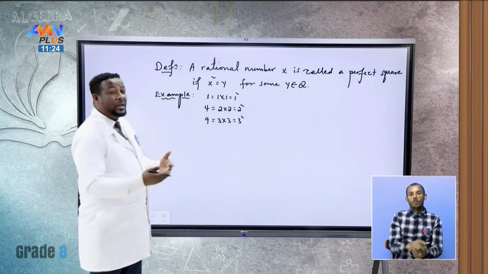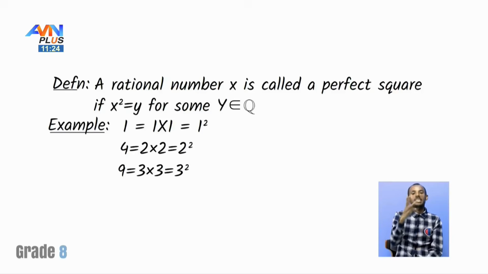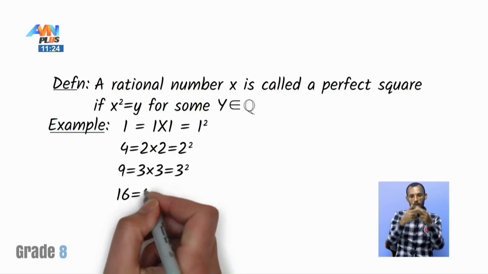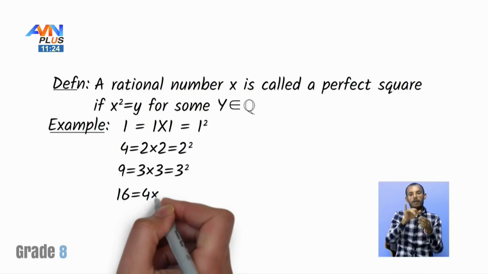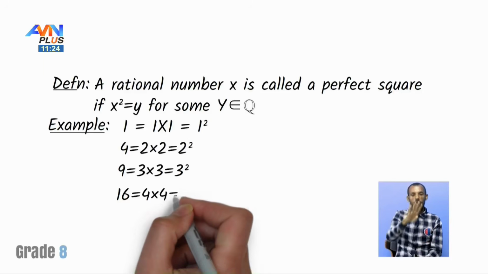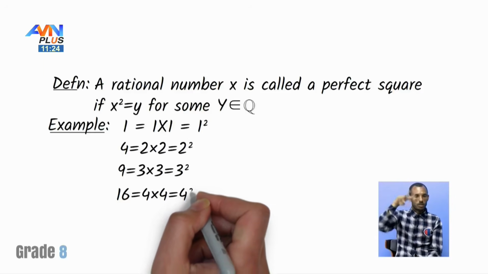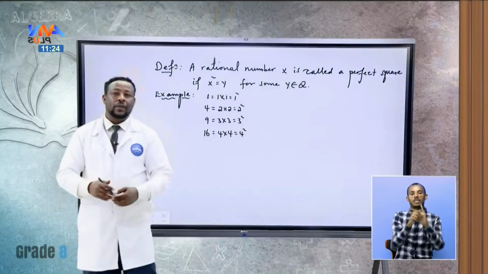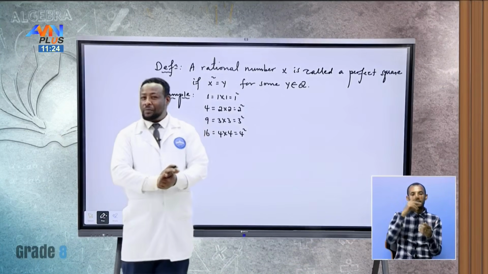Well, you may say 16, because 16 can be written as a product of 2 identical factors, like 4 times 4, which is 4 square. Good. So these are the examples of a perfect square.